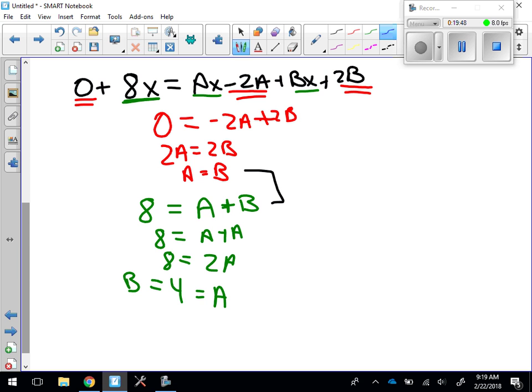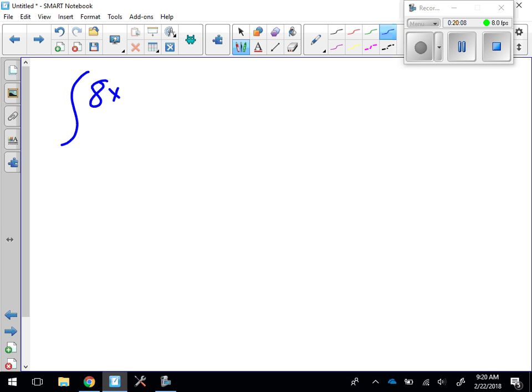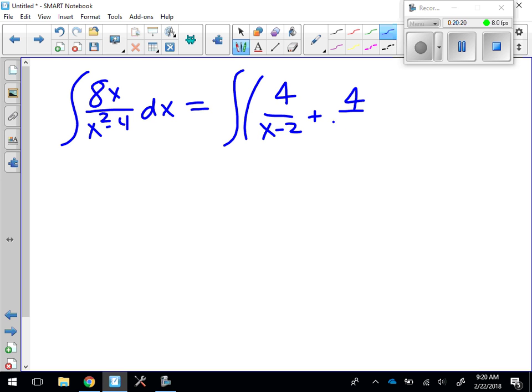All right, so the danger in doing a multi-step problem is that you forget that you're not done yet. Remember that all the way up here, what I was trying to do was simplify that integral. So that means that my integral, which was 8x over x squared minus 4 dx, is now 4 over x minus 2 plus 4 over x plus 2 dx.